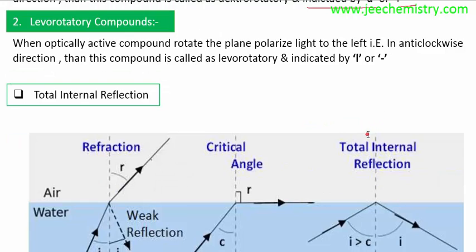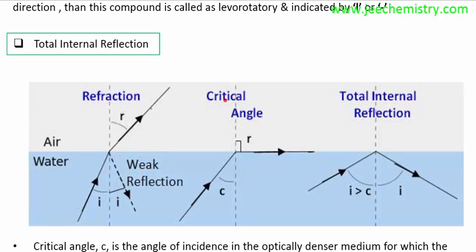Now we will explain in detail total internal reflection. When the ray passes from the denser medium to the rarer medium, water has a higher refractive index than air. This is the incident angle and this is the reflection angle.